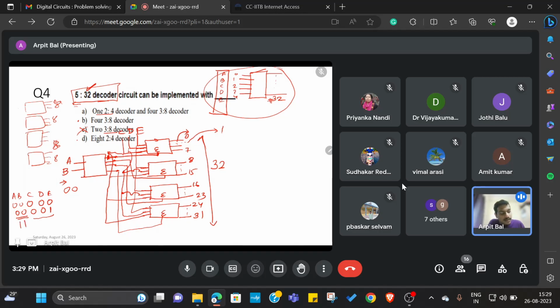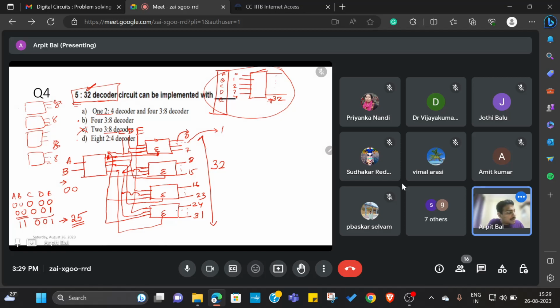Let's say I select 1, 1, 0, 0, 1. Which one should be selected? Let me convert this into decimal so that it will be easier to represent: 1 plus 8 is 9, plus 16 is 25. So the 25th line should be high.